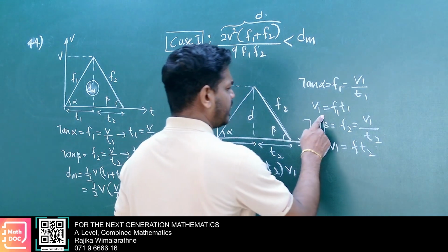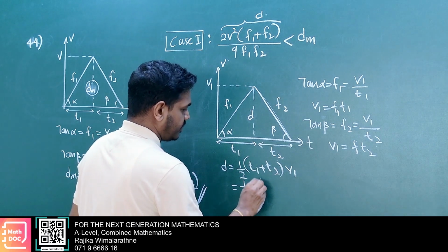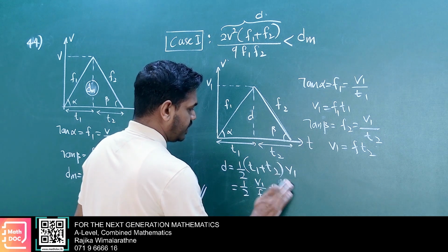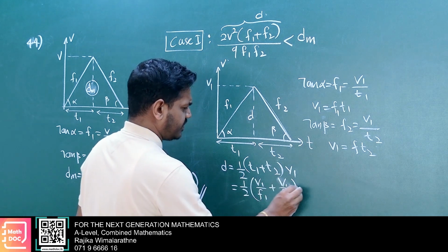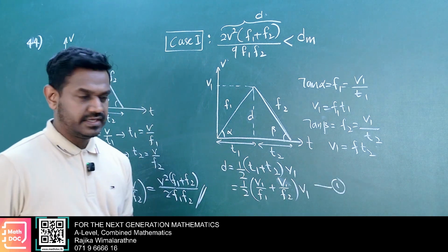Then T1 time is V1 over F1, half into V1 over F1, V1 over F2, V1, take here 1. Now you simplify that, just simplify.